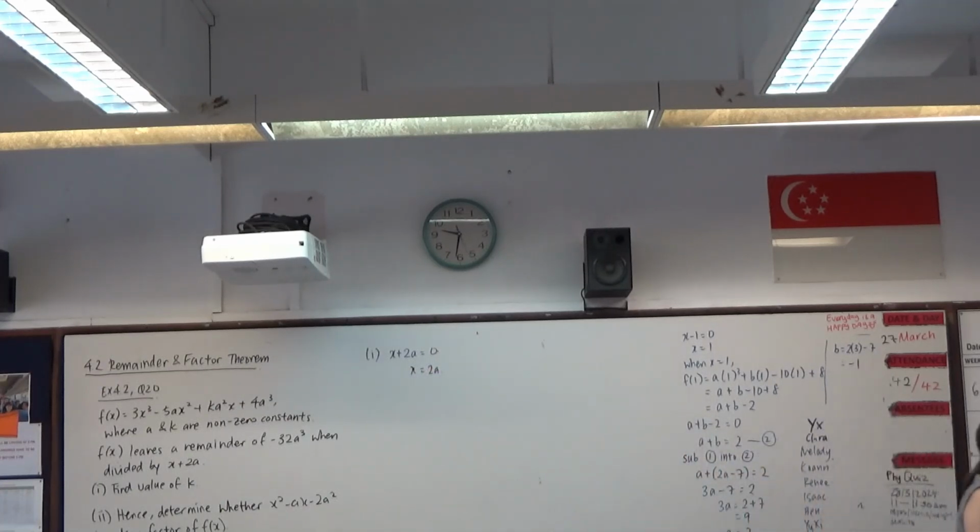So it's not a number that we're dealing with now. It is abstract, it is algebraic. So we are substituting x to be negative 2a into our polynomial.